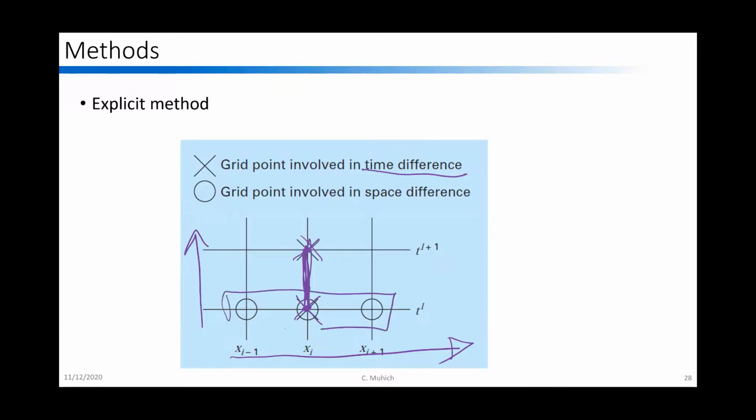And in my explicit method, I'm only going to use my previous points in time to move forward. So here I've got these three points. I'm going to look backwards, see what the temperatures were there, and then move forward in time. There's other ways to do this, and we'll get to that next time.